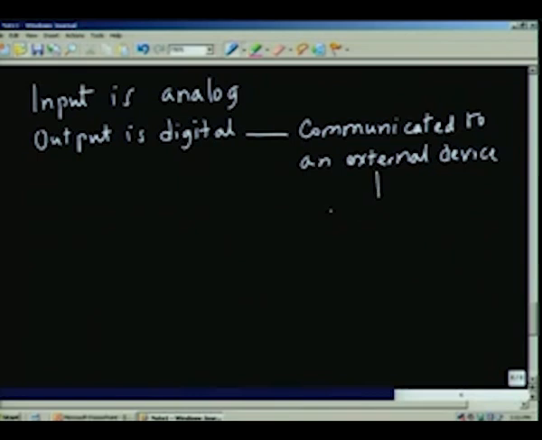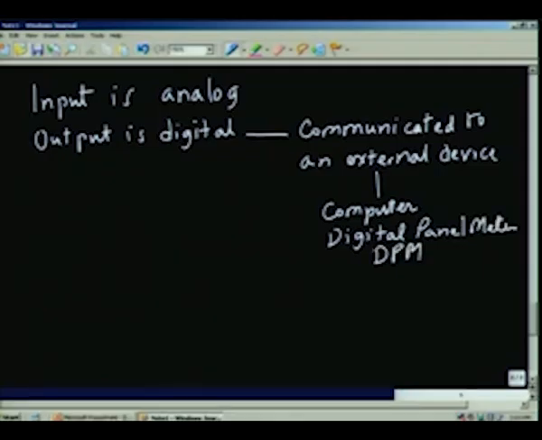For example, it may be a computer or a digital panel meter, also called DPM, or generally we can call it a digital voltmeter.